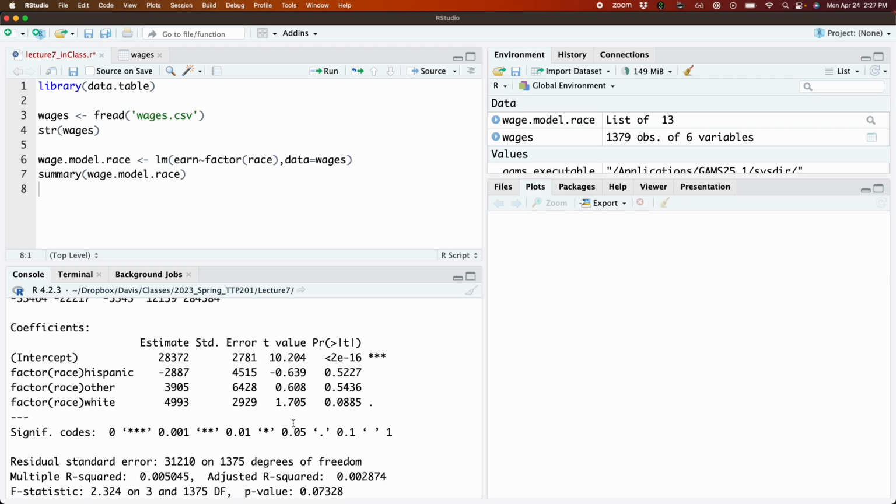Black, okay, so black is the one that's left out. So the way that I would interpret this is that on average, in our data set, the annual average earnings of someone who is black is $28,372 a year. Okay? So hopefully that piece of it is straightforward.